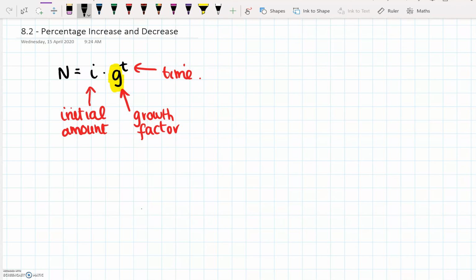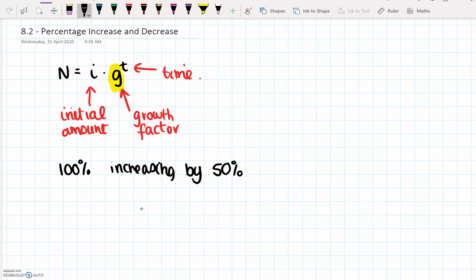Okay, now we can start with some pretty clear examples to make it a bit more obvious what happens here. So if I said to you that you have 100% and you are increasing by 50%.